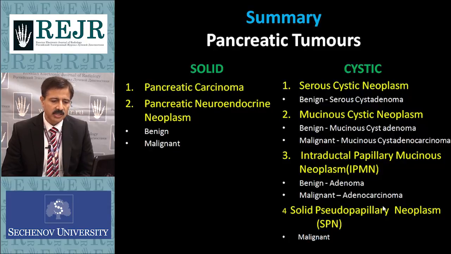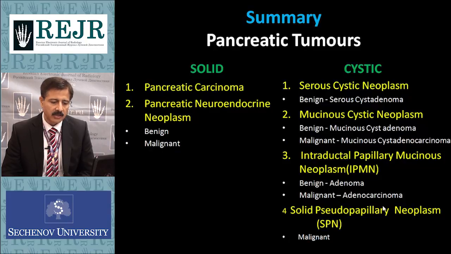And as far as cystic lesions, we have learned 4 types, which include serous cystic neoplasm, mucinous cystic neoplasm, intraductal papillary mucinous neoplasm, and solid pseudo-papillary neoplasm. Serous cystic neoplasm has a benign behavior.